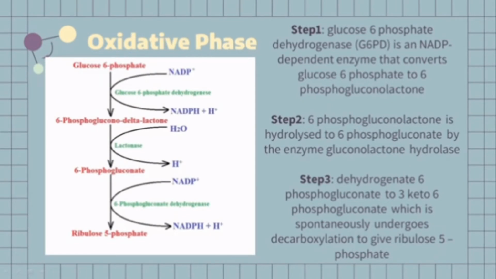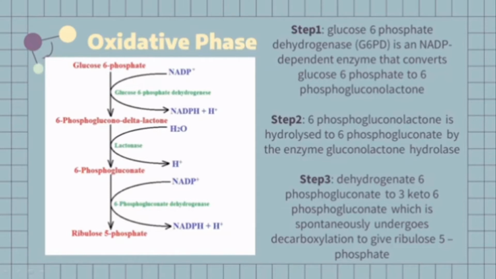Step 1. Glucose 6-phosphate dehydrogenase, or G6PD, is an NADP-dependent enzyme that converts glucose 6-phosphate to 6-phosphogluconolactone. The initial metabolites of the pentose phosphate pathway are glucose 6-phosphate, 2 NADP plus, and H2O.